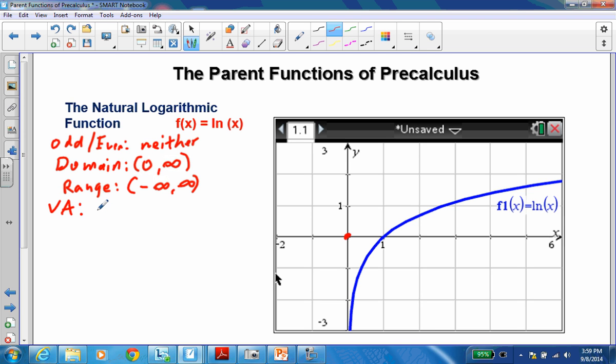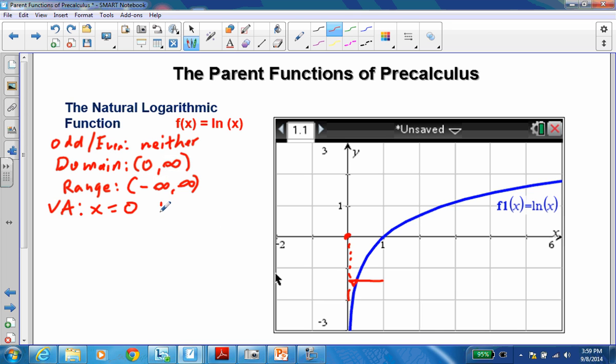Yes, our vertical asymptote is x equals 0, because if we come from the right here, does the function ever cross the line x equals 0? No, it does not. It approaches and goes down toward negative infinity.